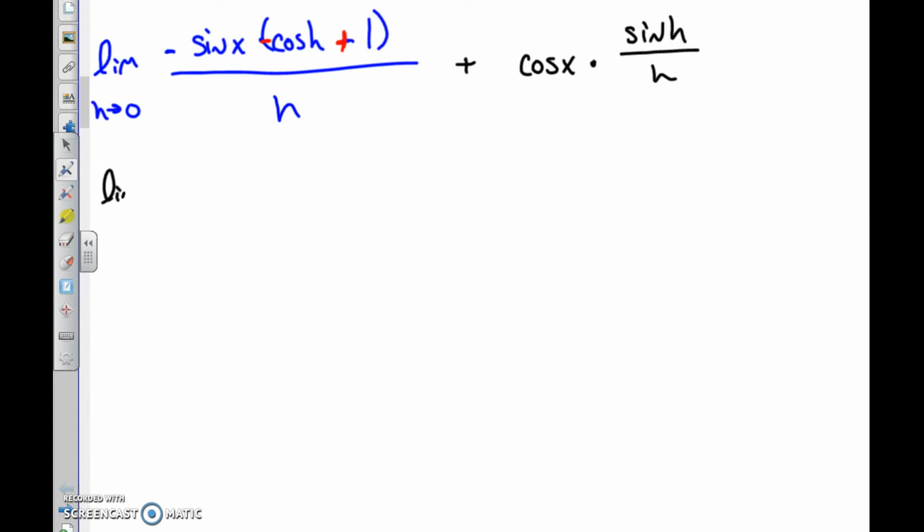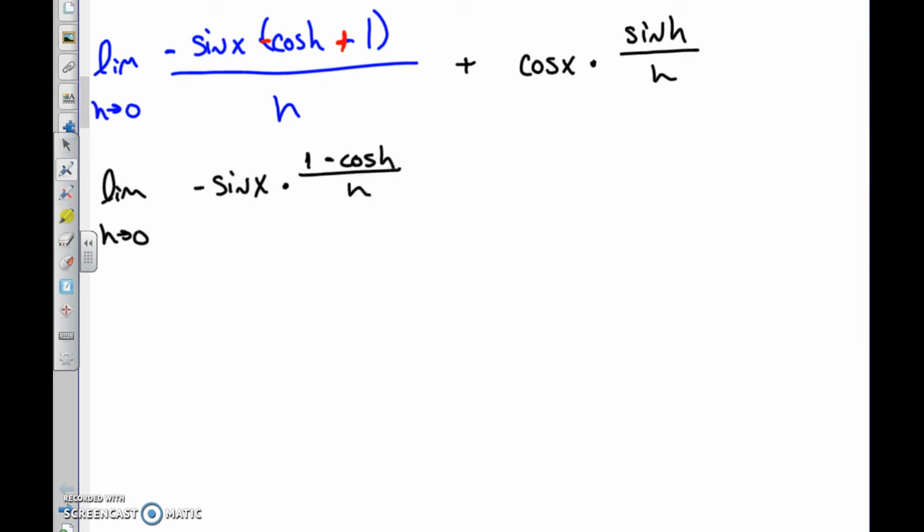Let's write this to where it's easier to do the next step. So it would be the limit as h approaches 0 of negative sine of x times, in this case we're going to write it as 1 plus, or 1 minus, sorry. We want it to look like our identity, so it would be positive 1 minus cosine of h all over h.